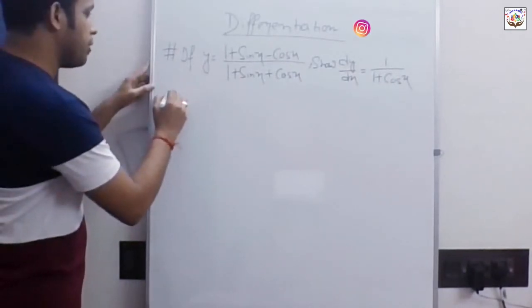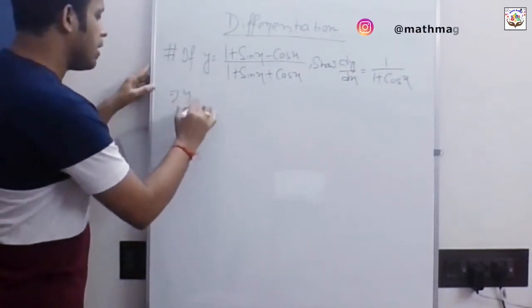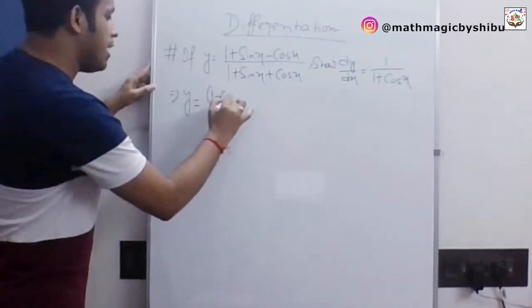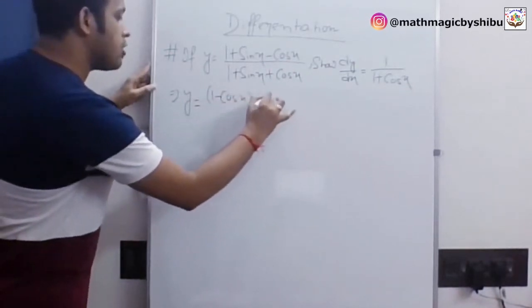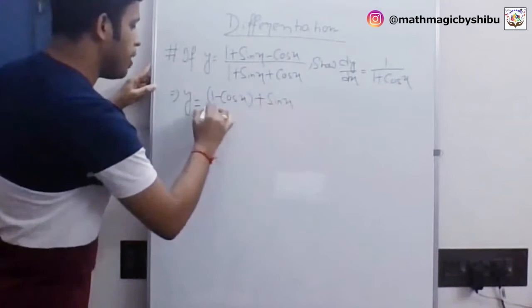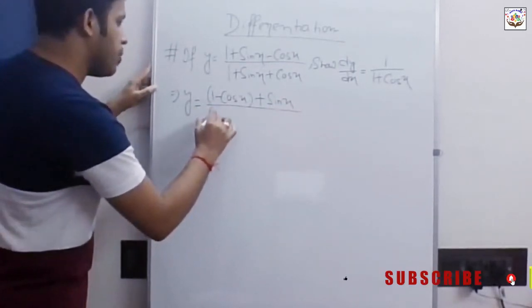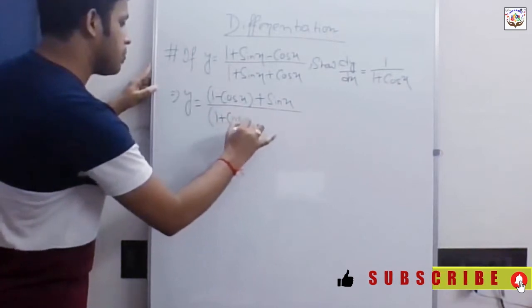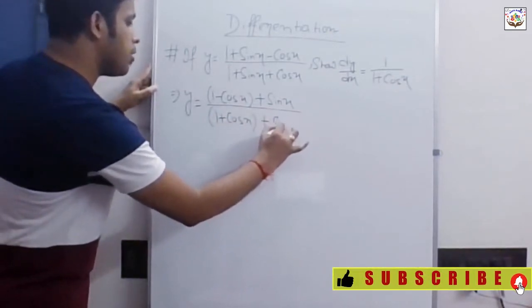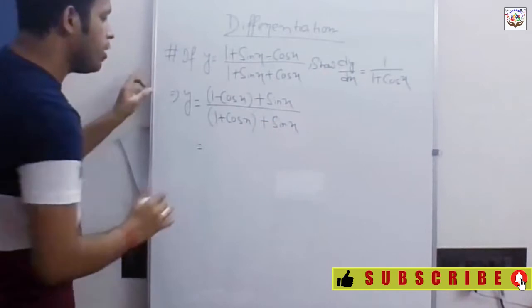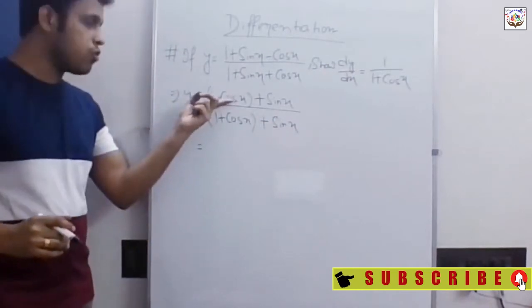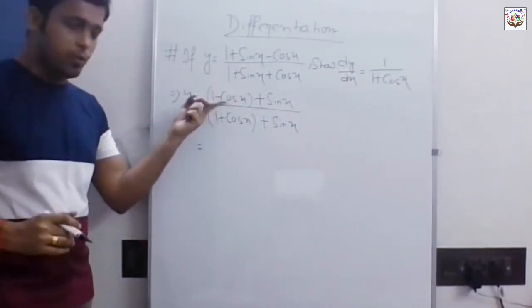See with me. Can I write it as 1 minus cos x plus sin x? You will understand why I am bringing the cos x with 1 and separating the sin x, because we know 1 minus cos x equals 2 sin square x by 2.